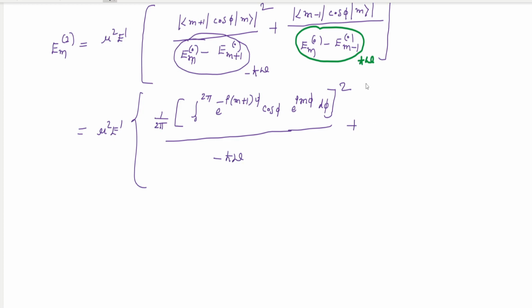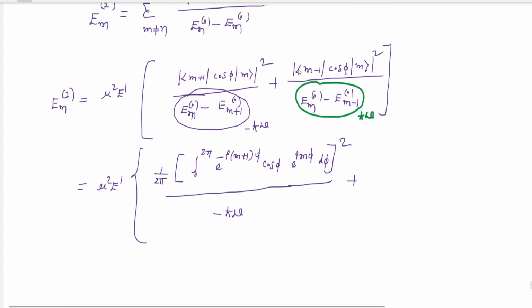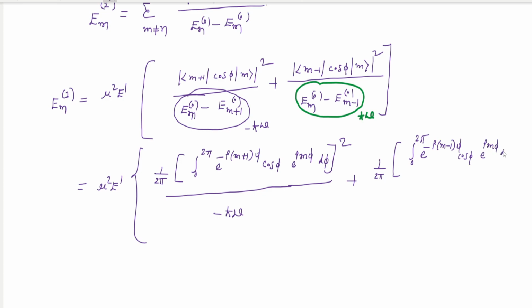Similarly, here also we can get, if you substitute this wave function, 1 divided by root pi, 1 divided by 2 pi common, then the remaining portion is e power I (m minus 1) phi, integral 0 to 2 pi e power minus I (m minus 1) phi cos phi e power I m phi d phi, whole square divided by h cross omega. So this is the equation.